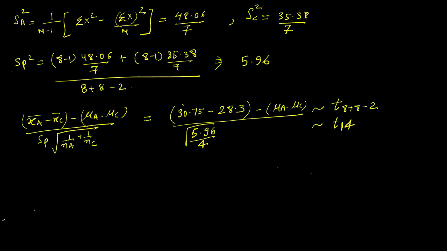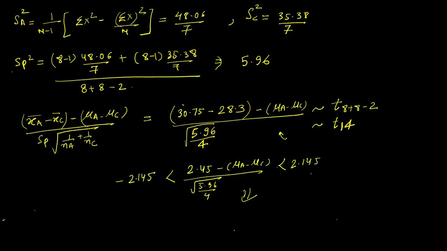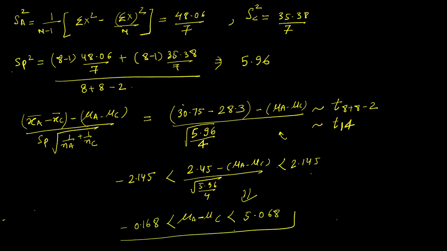Substituting the value of T14 in this equation and solving it, it would come out to be minus 0.168 less than mu a minus mu c less than 5.068. This is our confidence interval for the difference in population mean.